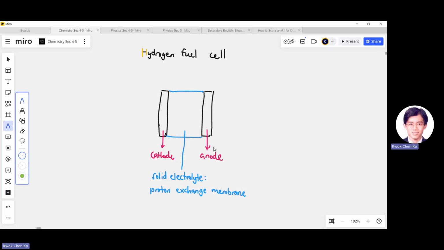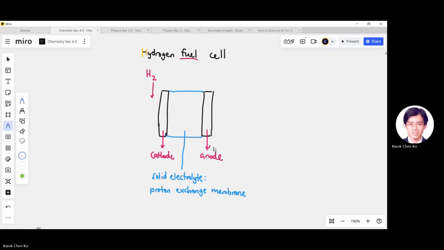Okay, but what do you need to know? You need to know that you have to pump in hydrogen gas. Okay, you have to pump in hydrogen gas. So that is why it acts as a fuel. Some quick ones, Sabrina, cathode oxidation or reduction?